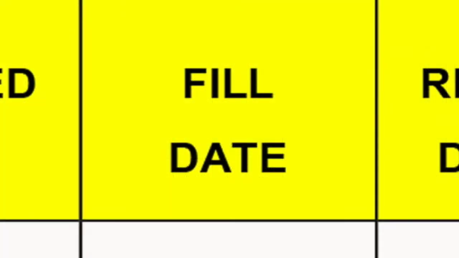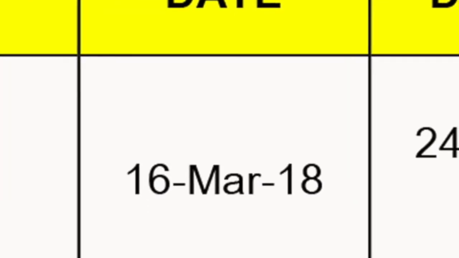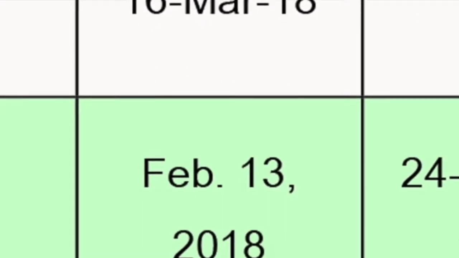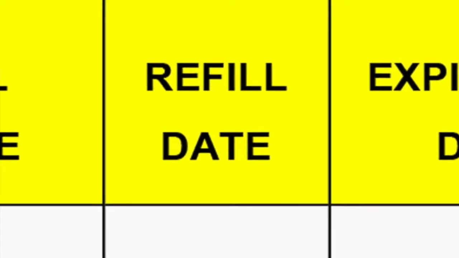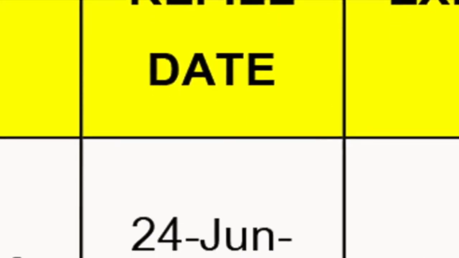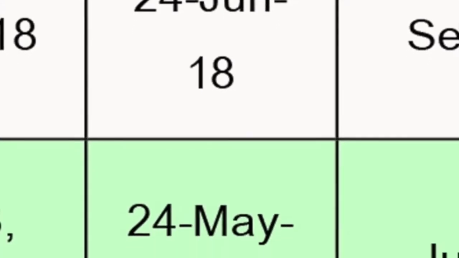Toward the far end of the list is the fill date column. The fill date is when the pharmacy issued your prescription. And next to that is the refill date, which, if you calculate the number of pills and the dosage, shows when the medication will run out so you can reorder ahead of time.